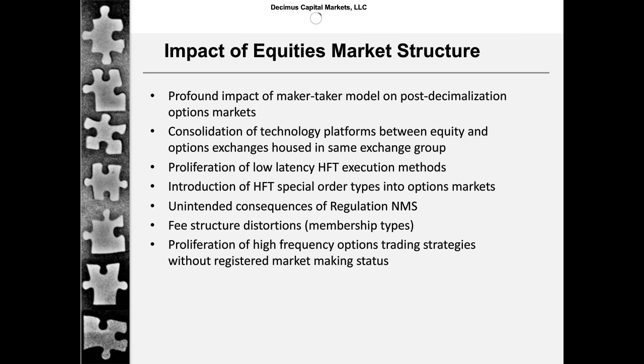But then they rolled out their models, maker-taker pricing, special order types, and certain structural programs or fee structure changes that really distorted things. There was a long period where the equities exchanges were really trying to turn the option exchanges into a version of equities.